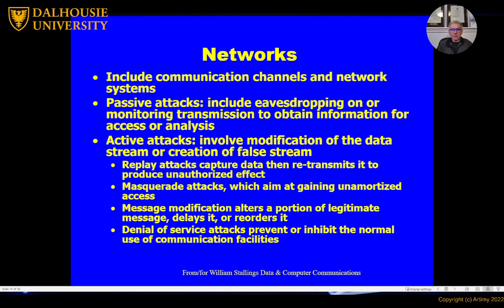Passive means that I don't do an actual harm, but instead I can maybe listen to the information, monitor the system. All of this is considered passive because I'm not changing anything.